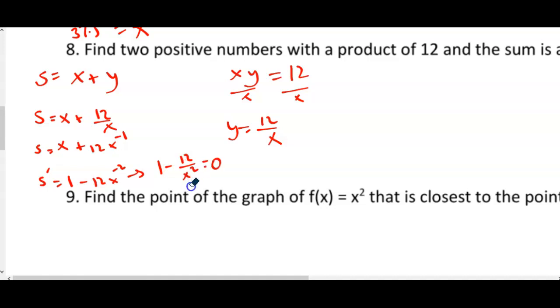Set it equal to 0. So we're going to first move that to the other side. So you get 1 equals 12 over x squared, and then multiply by x squared on both sides, like that.